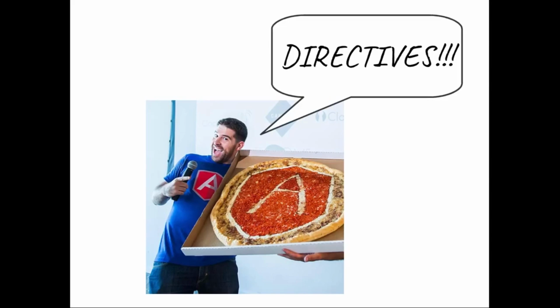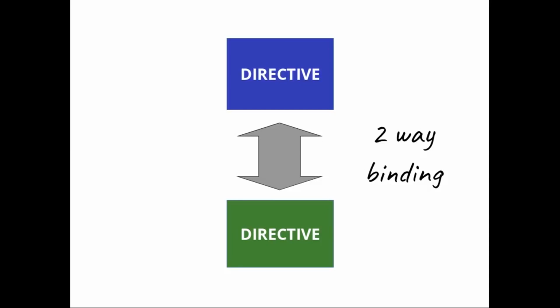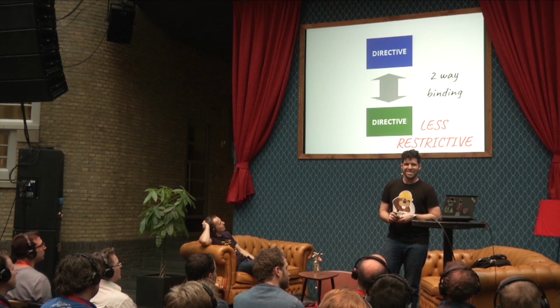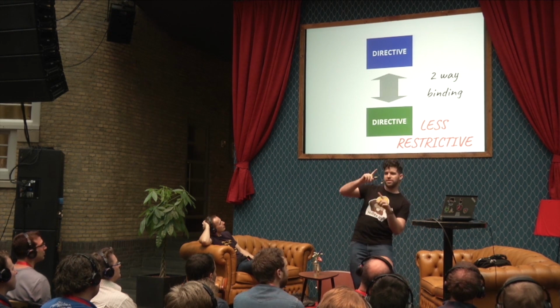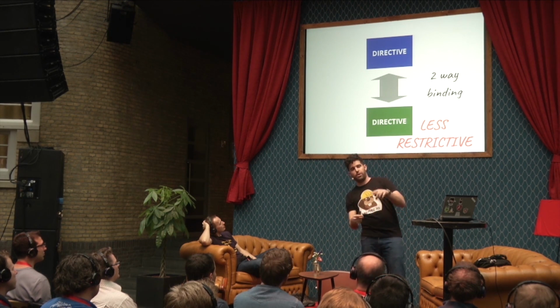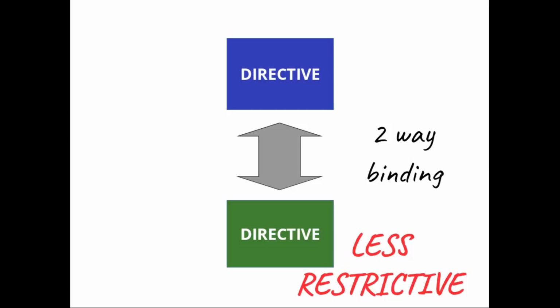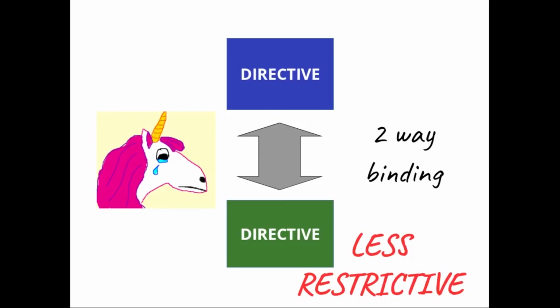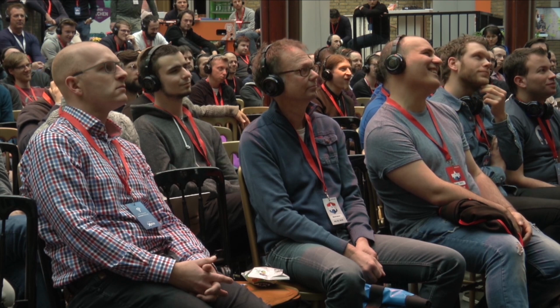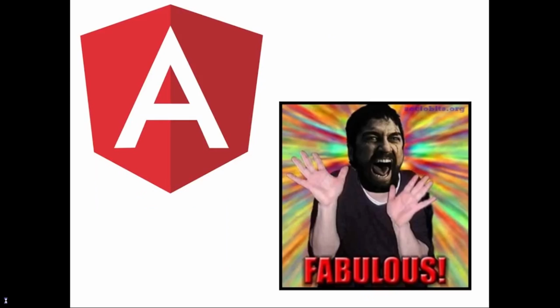But not exactly, because directives have two-way data binding, and apparently that's not the right way to go, because when you start changing stuff on your parents without your parents knowing about it, you get confusing side effects, and you make unicorns cry. So don't do it.